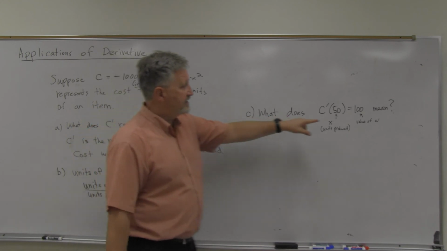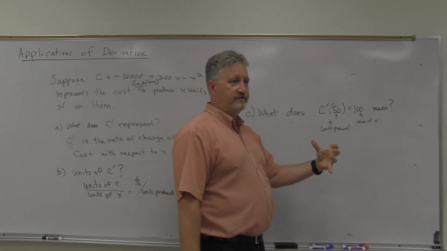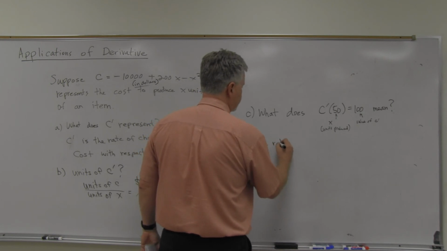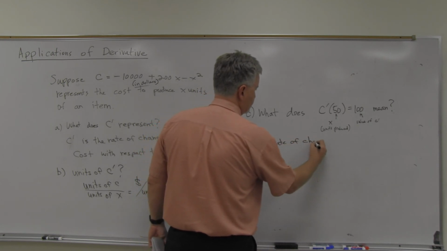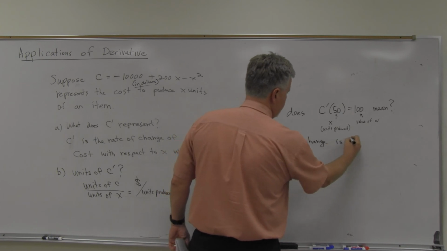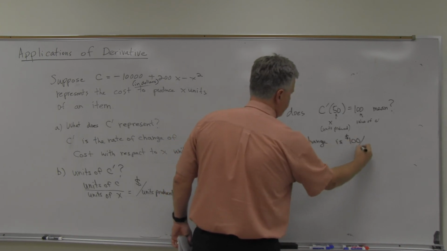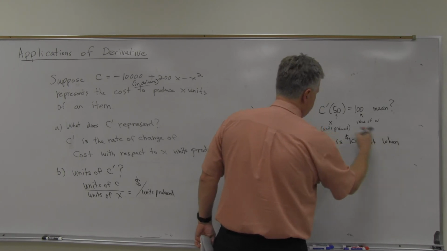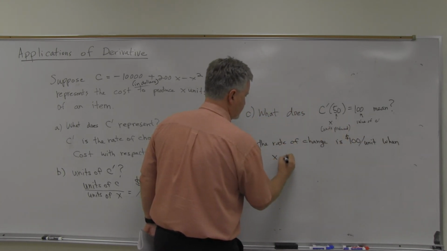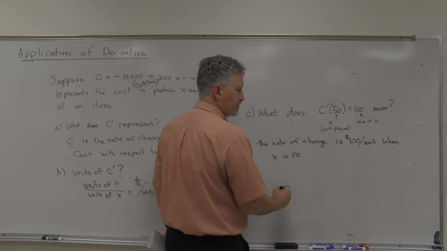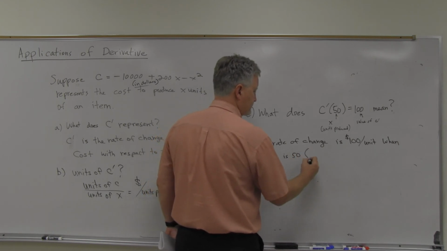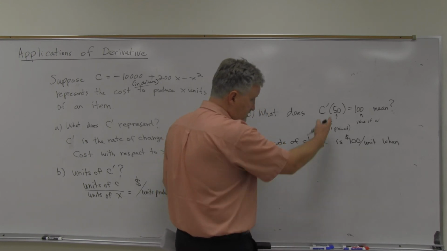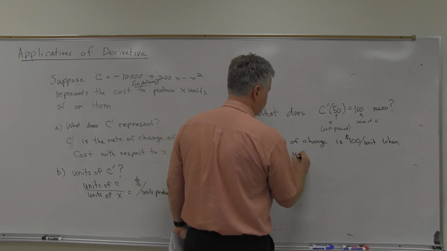So what this is saying is C prime is 100, and so the rate of change is $100 per unit when x is 50. What does the 50 represent? Units produced, when 50 units are produced.